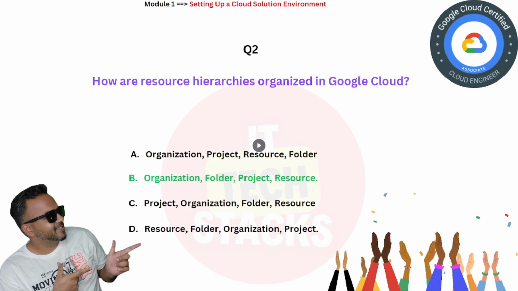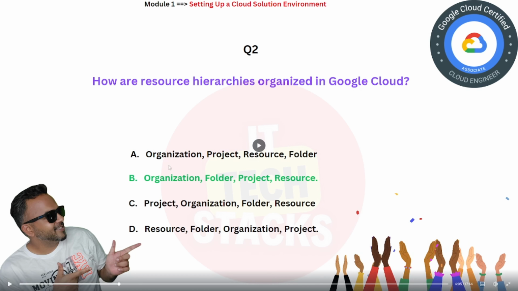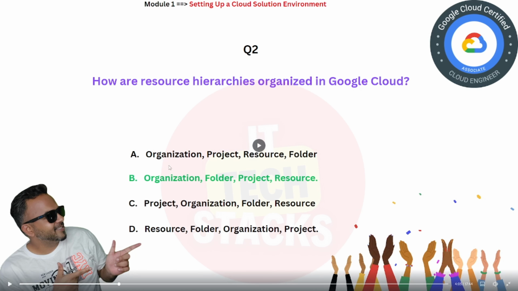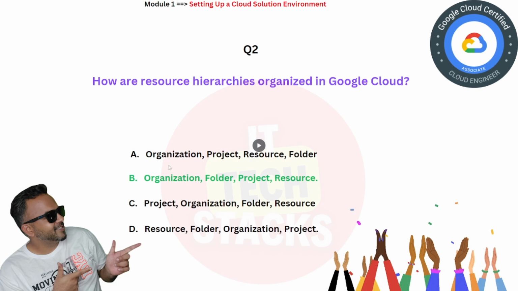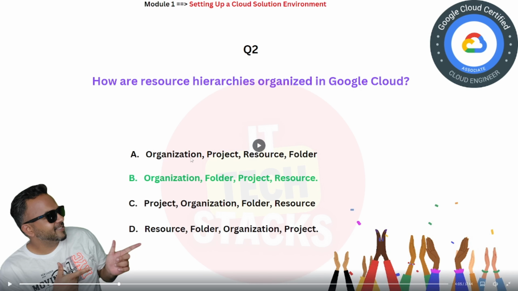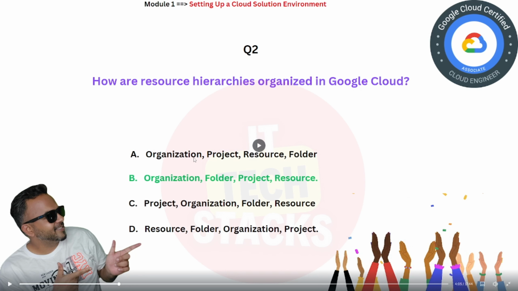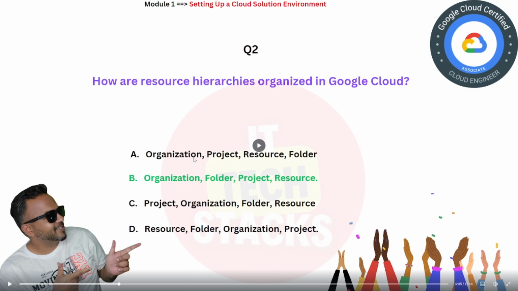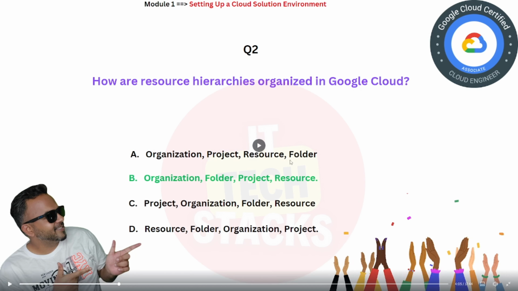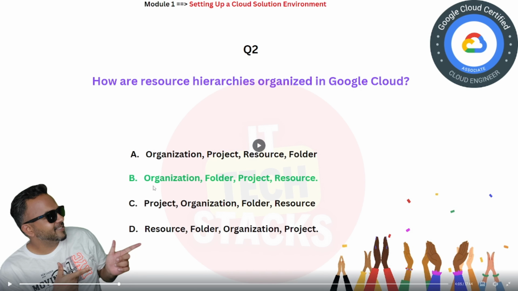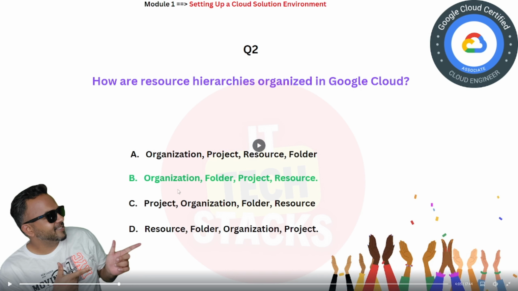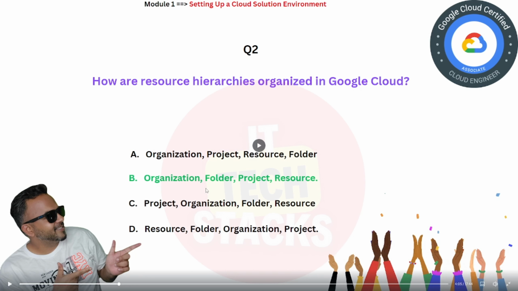Just to give you feedback on each answer: the first one is incorrect, because folders are optional and come in between organizations and projects. Option B is correct, because the organization sits at the top of the Google Cloud resource hierarchy.